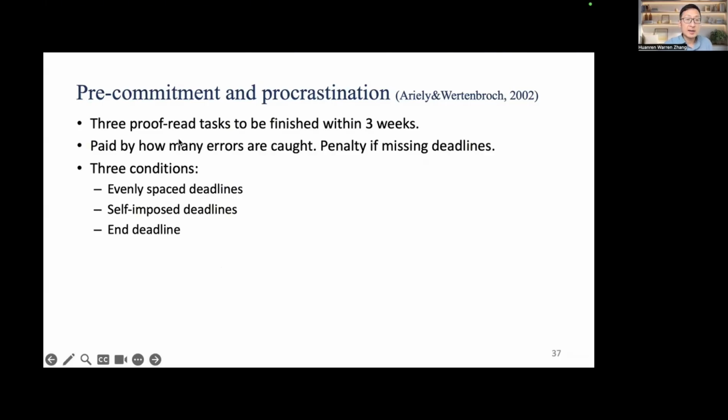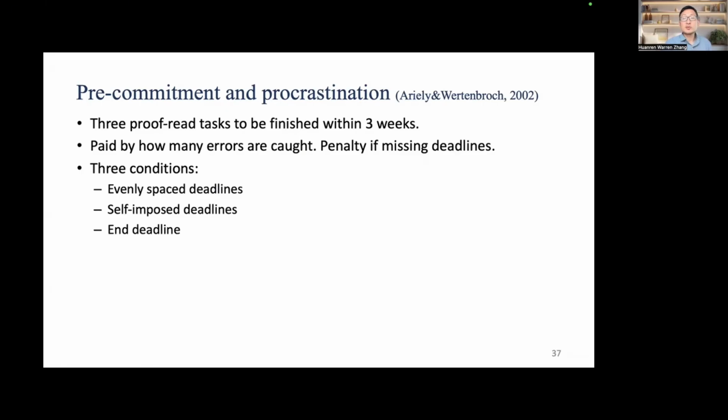They are paid by how many errors are caught, and they receive a penalty if they miss the deadline. The participants are divided into 3 conditions. The first condition has evenly spaced deadlines. The second has self-imposed deadlines. And the third has only one deadline towards the end of the 3 weeks.